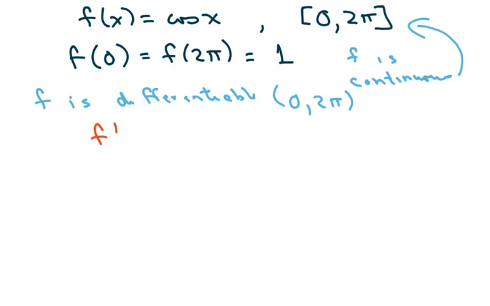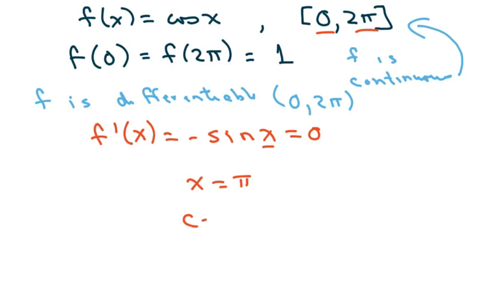So we've got to find our C. I'm going to take the derivative of cosine, which is negative sine of x, and set this to 0. So we're going to see that sine between 0 and 2 pi would have to be pi. So x equals pi, therefore my C value is pi.